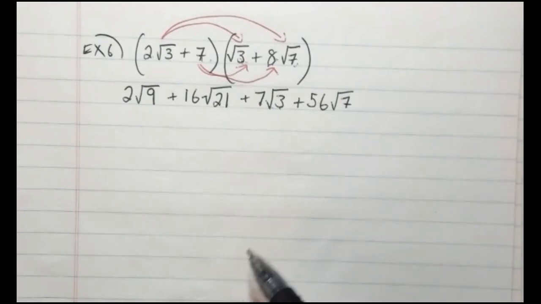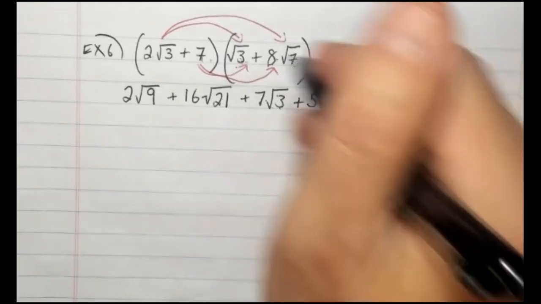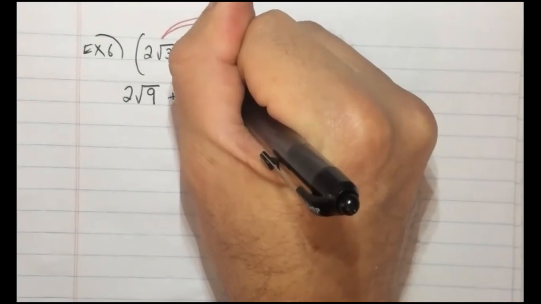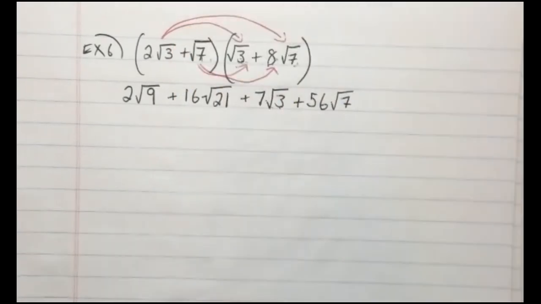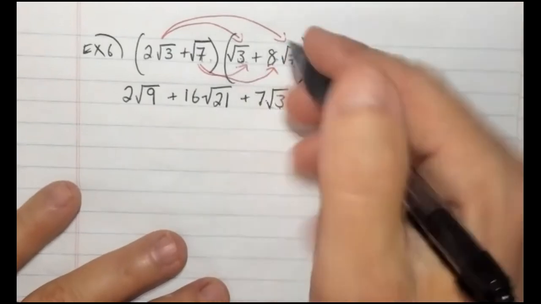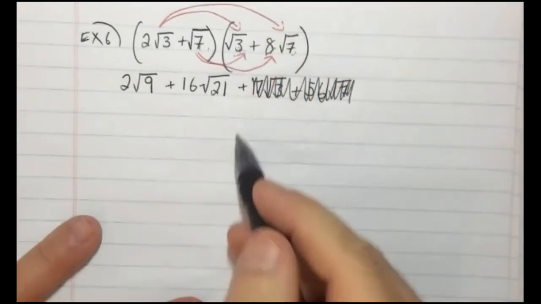And then I just noticed I wrote this problem wrong, because this 7 right here was supposed to be inside a radical. So let's see how that's going to change these. This doesn't affect the first part of the problem, but this is incorrect, so let's do that again.